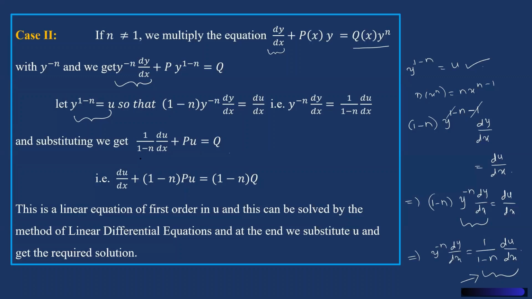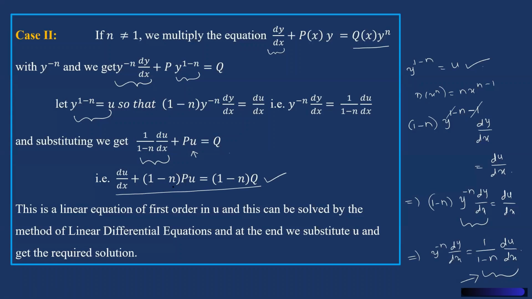Instead of y power 1 minus n, we write u, and q remains as it is on the right hand side. Then when we multiply all these terms by 1 minus n, you get exactly this equation. As we know, 1 minus n is a constant.